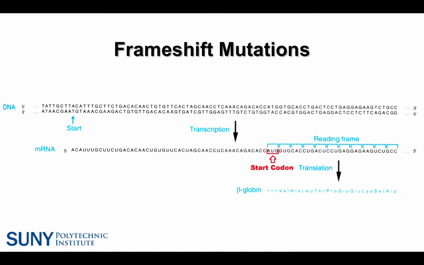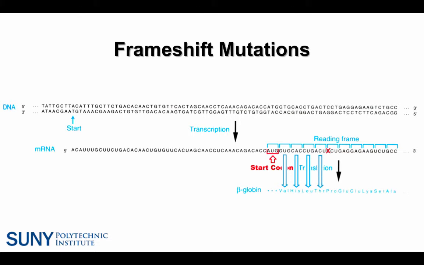From here on end, we see the reading frame is established by these blue brackets, and you can see within each blue bracket the different codons that are distributed beyond that start codon. And we're going to go along our way through the process of translation, lining up the amino acids appropriately with their codons on the messenger RNA transcript.